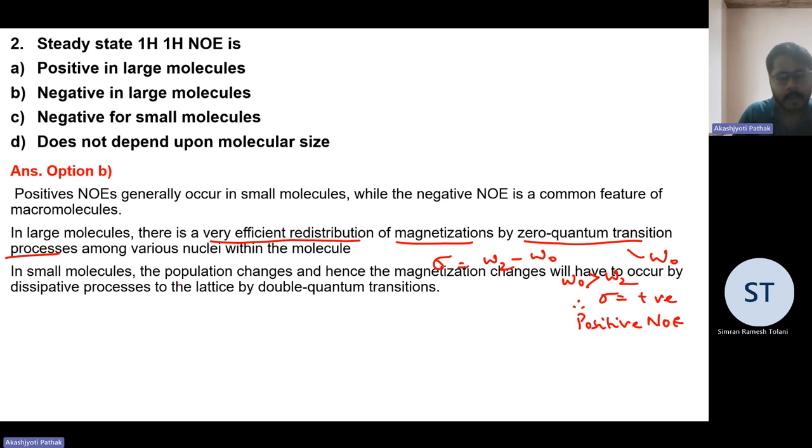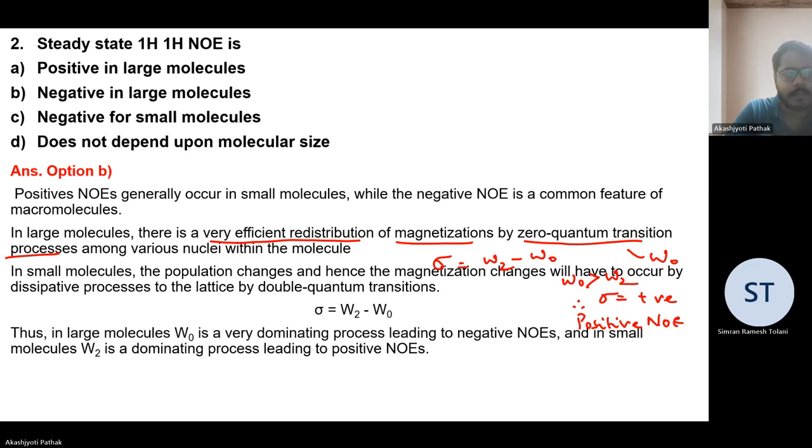Whereas in case of small molecules, what is the scenario? The population changes, and hence the magnetization changes will have to occur by dissipative processes to the lattice by double quantum transitions. So in small molecules, we will see negative NOE.